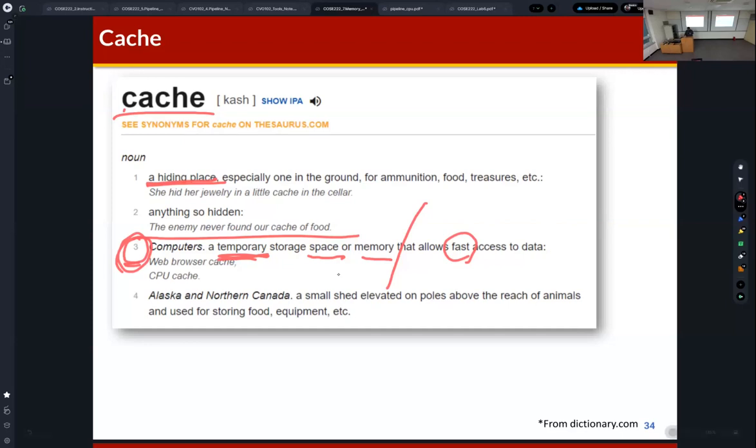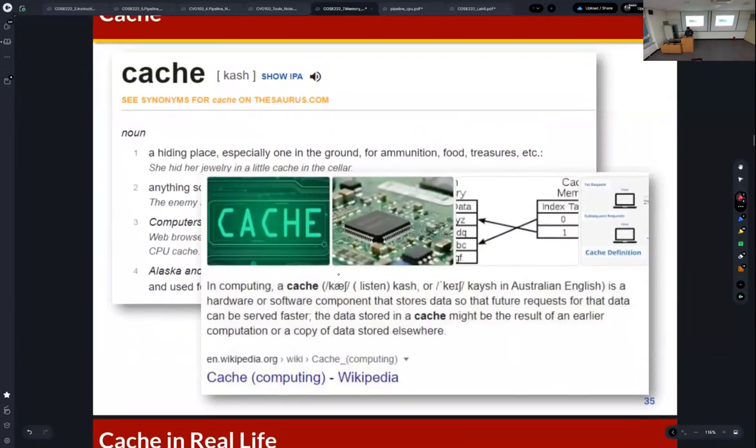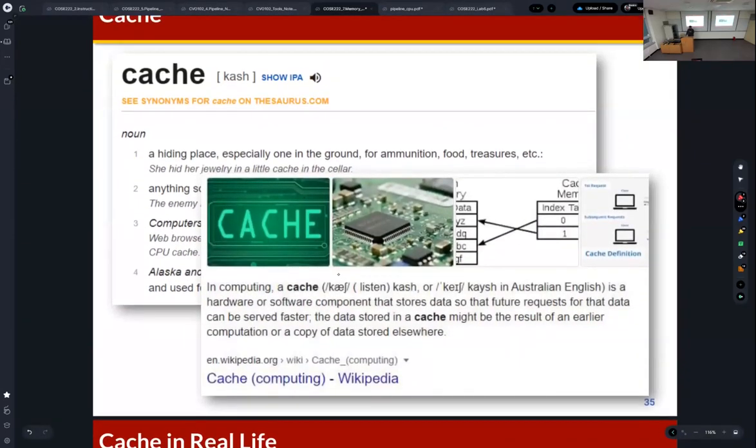Okay. So also we can search for the definition of cache in Wikipedia. Then in computing, cache is a hardware or software component, but we are focusing on the hardware because this is the memory system. Then it stores the data.